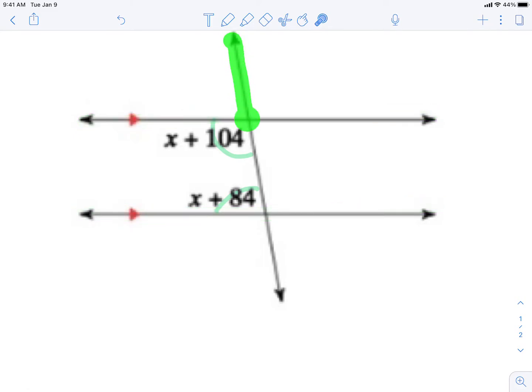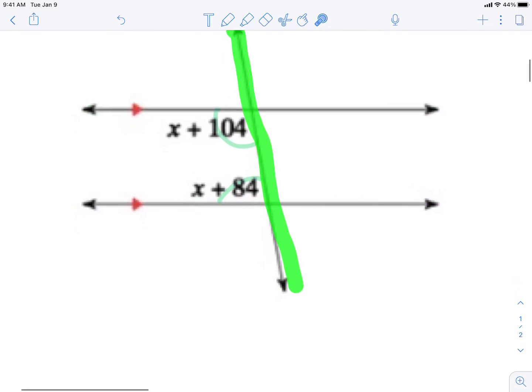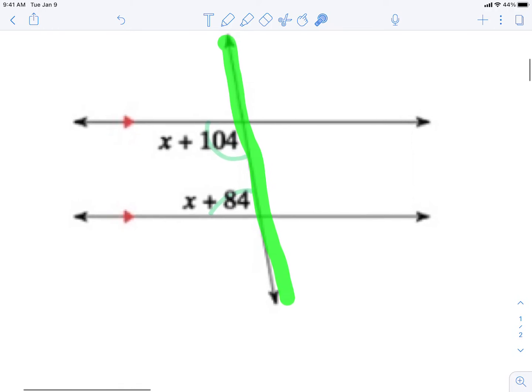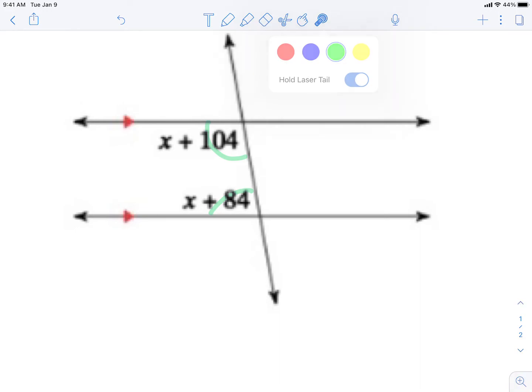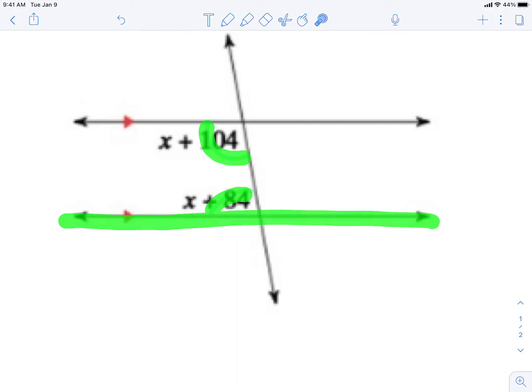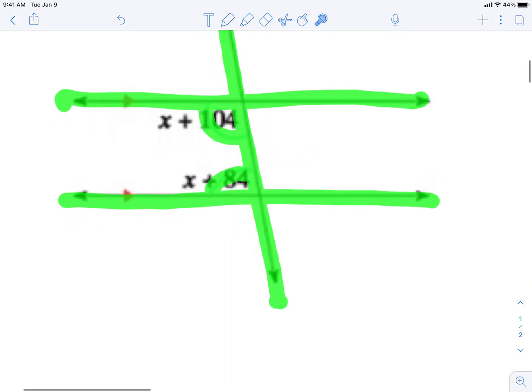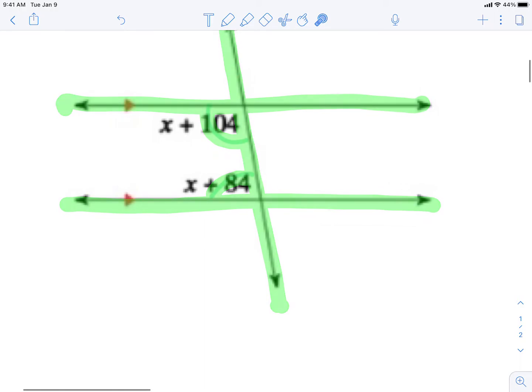And they are both on the left side, or on the same side of the transversal, right? They're both right here on the left side. Nothing here, right? So let's look for both inside the double lines and both on the left side of the transversal.